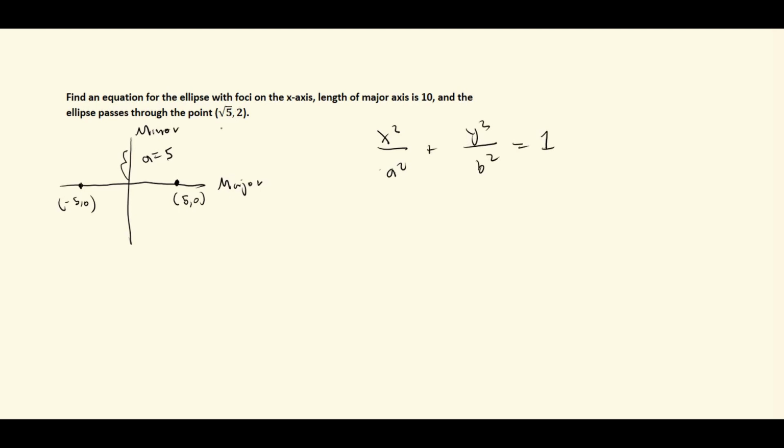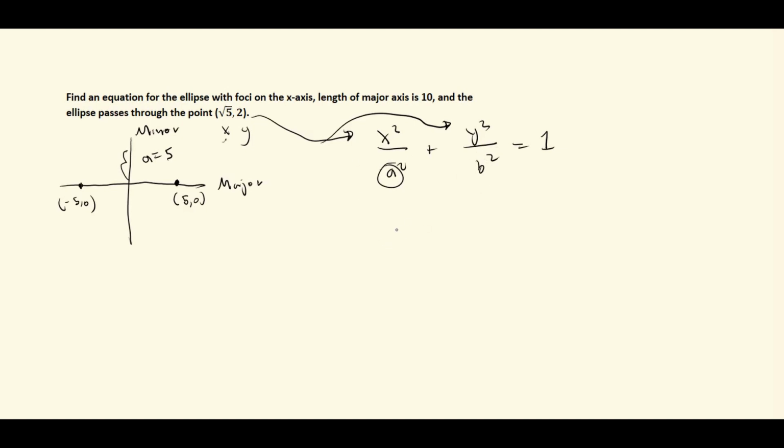And this point here gives us an x and a y on the ellipse, so we can go ahead and plug in for x and for y. And then now we do know what a is equal to, so we can also plug that in. And then all we're left with is b. So we can go ahead and solve for b by plugging these in.